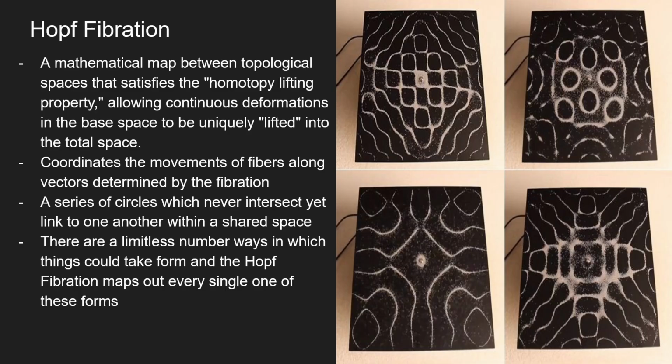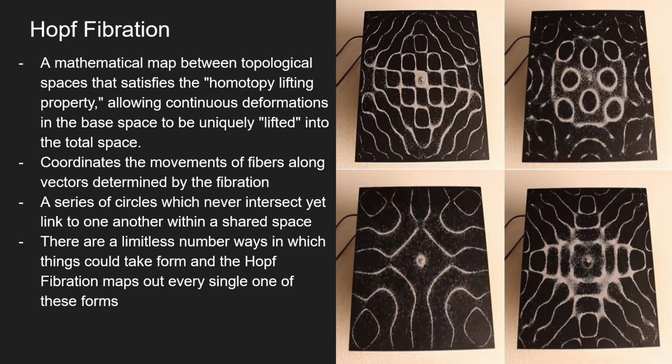So homotopy lifting, all this is just the movement of the manifolds and how they lift each other. And essentially they're going to lift each other into base space. So the deformations are laid out by the Hopf fibration.